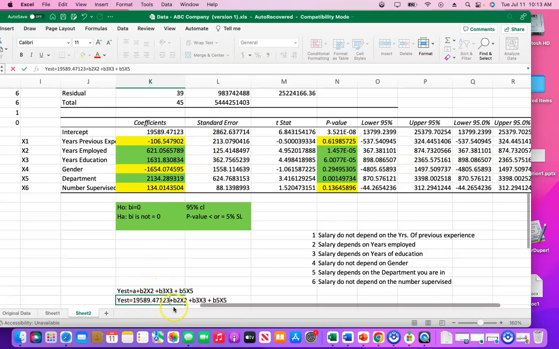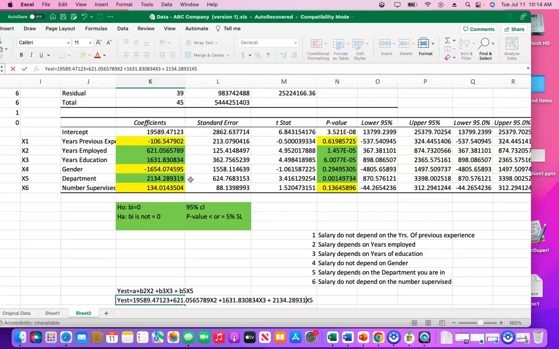We're going to replace this b2 with the coefficient, which is 621.056578.9 times x2, and then we're going to replace b3, which is the slope for the years of education, and that one is 1631.830834, and finally we're going to replace b5, which is the department, and so we're going to write 2134.289.319.